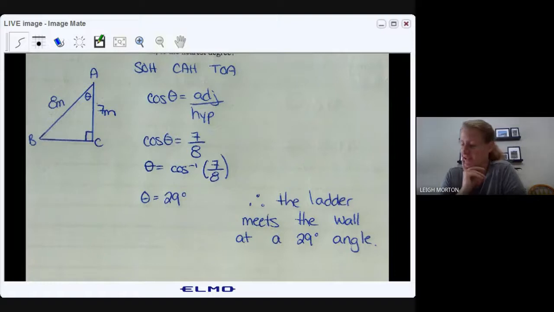Feeling good? Feeling great? Number 3 is another plane question.